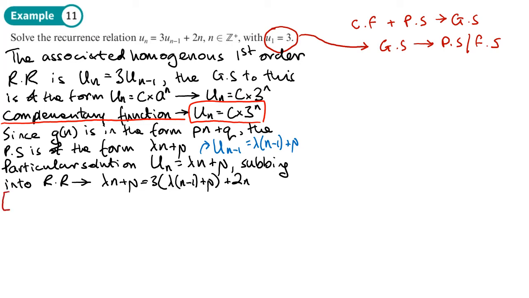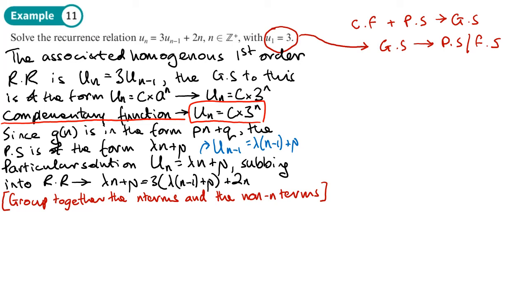So this is the method we'll use to help us find lambda and mu. Right, so this just needs a bit of rearranging.